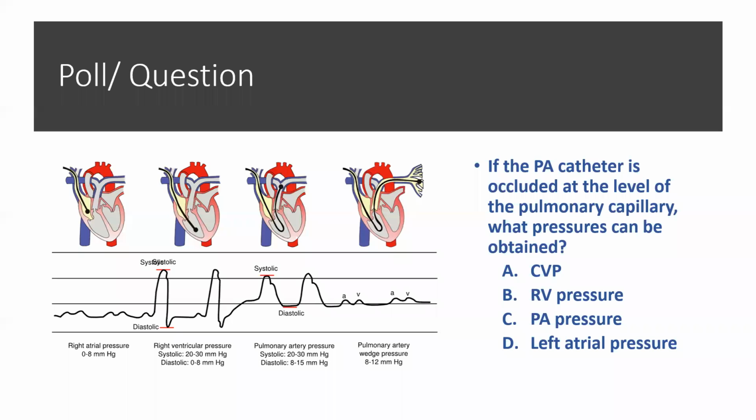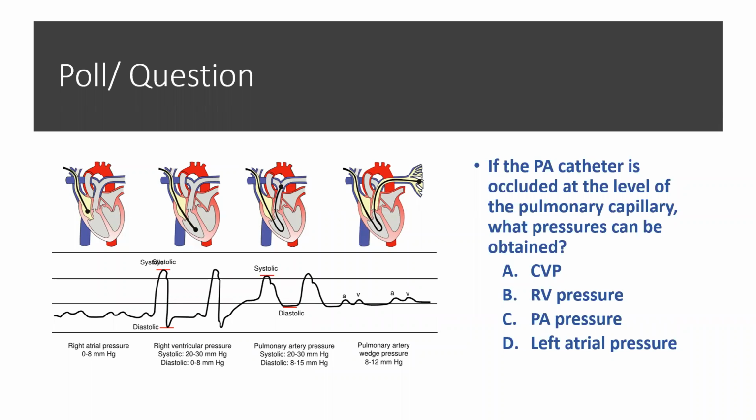So you remember now that when you occlude the pressure, what you're measuring is anything that's before the balloon. So when you occlude it at the level of the pulmonary artery, which is illustrated right over here, you're no longer measuring the right-sided pressures, nor the pulmonary artery pressure.